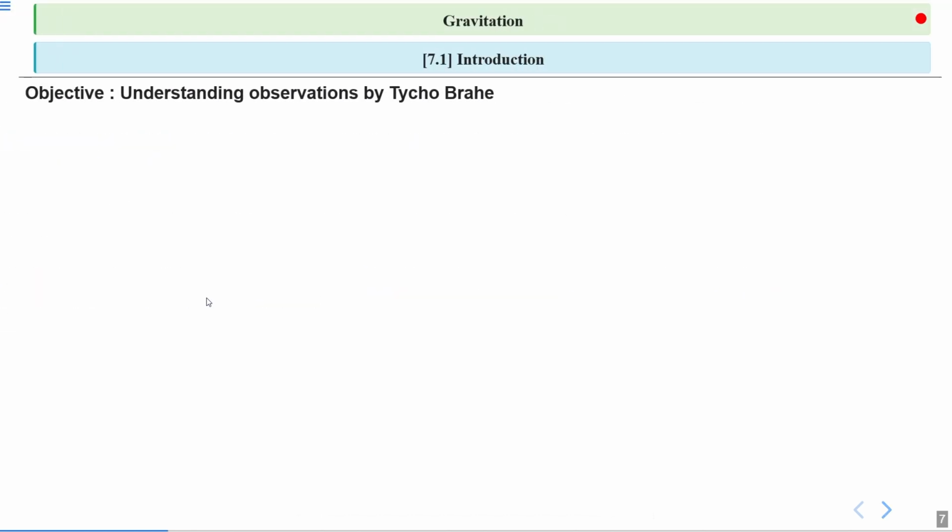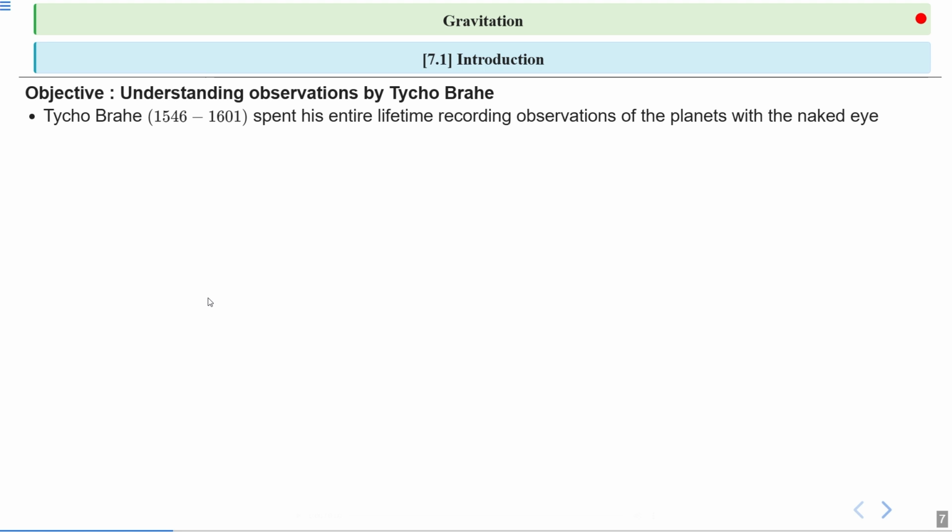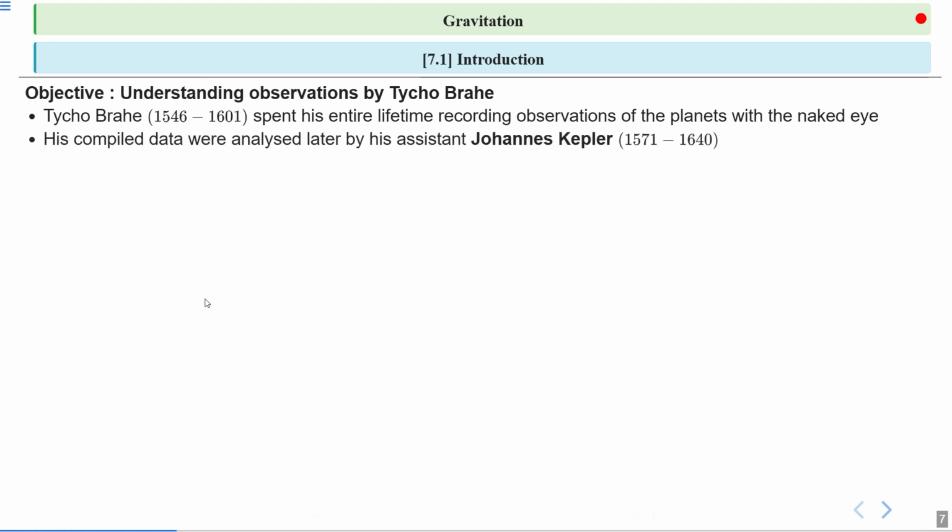Starting with the historical observations made by Tycho Brahe, who lived from 1546 to 1601. He dedicated his life to meticulously recording the positions of planets using only his naked eye. Brahe's data didn't just sit idle.